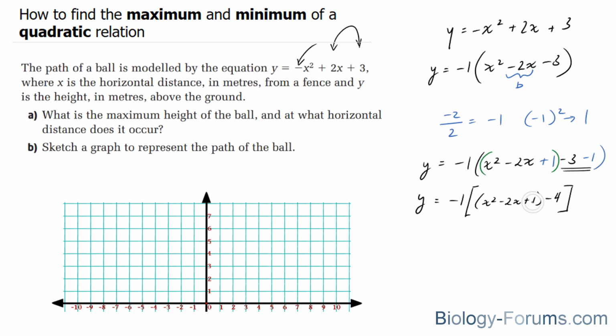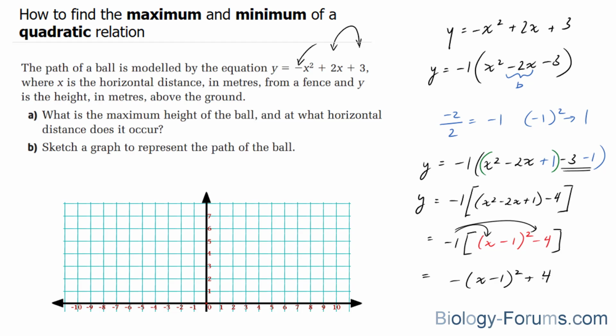Well, if you factor this out, you will end up with x minus 1 to the power of 2. And the -4 remains the way it is. This is not in vertex form yet, so let's make it into vertex form by multiplying this in, and we end up with negative x minus 1 squared plus 4.